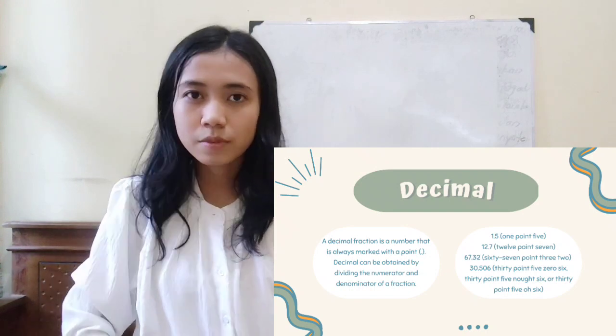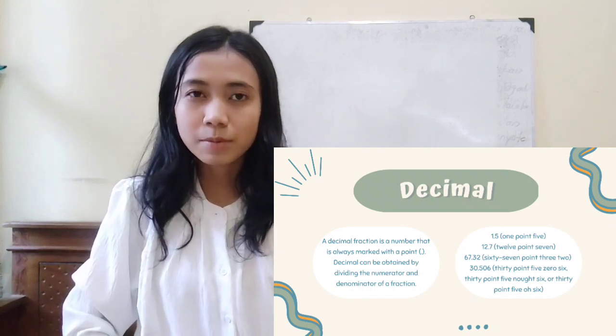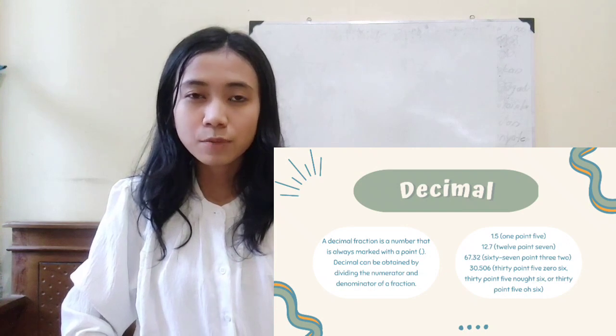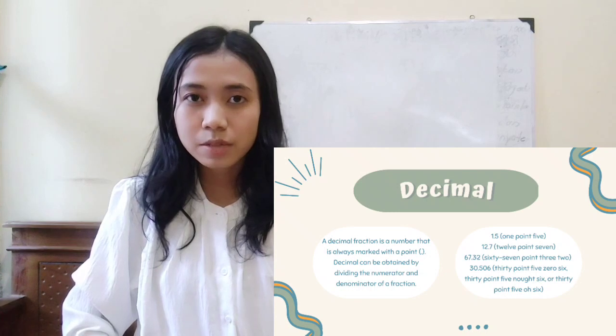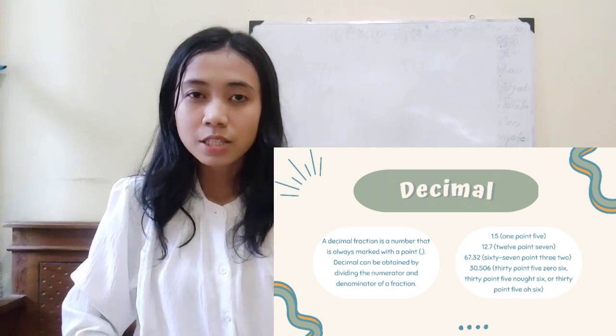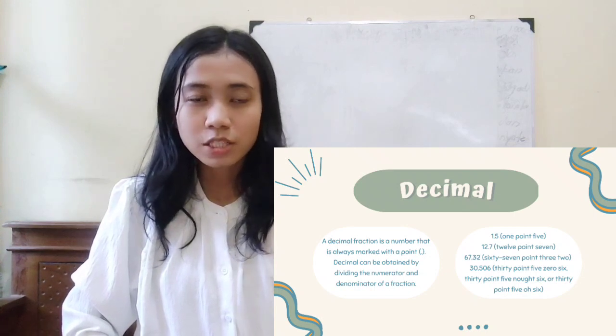The number before the point we pronounce as usual, and the numbers after the point we pronounce one by one. 0 we can pronounce as 0, not O.